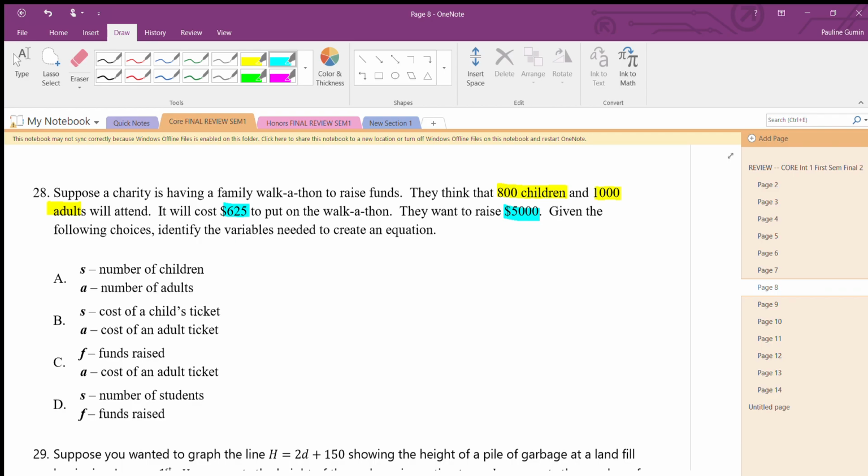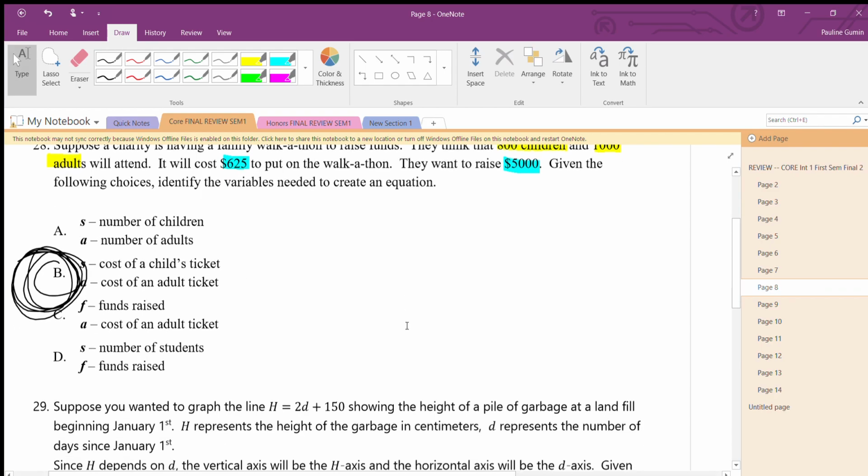What I don't see money-wise is how much we are going to charge for the children and the adults when they attend the walkathon. So let's find that option. Cost of the tickets. We don't have enough information about the money. That's what we'd have to solve for.